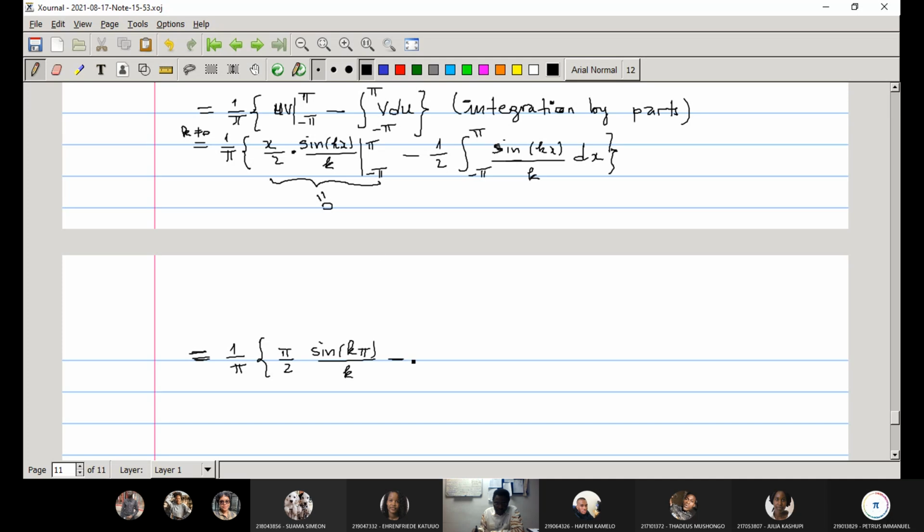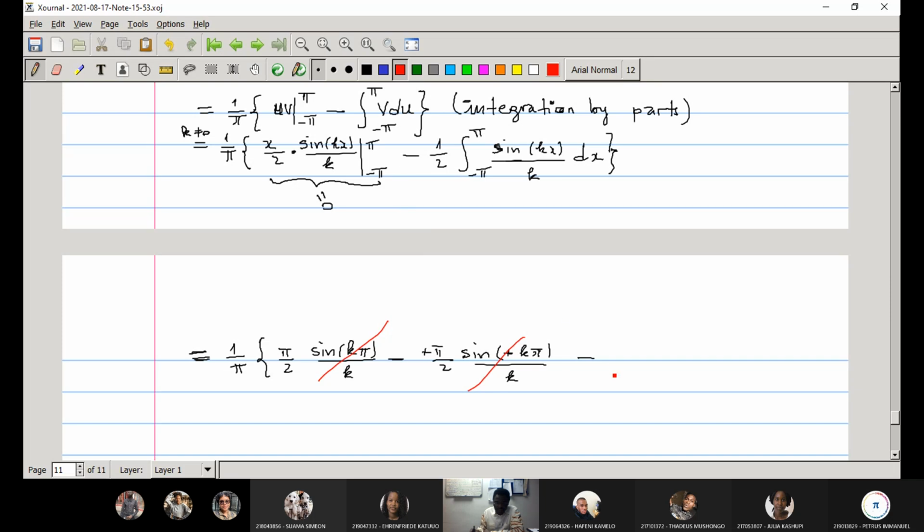Now, when x is negative pi, let me put negative pi by 2, and then sine of negative k pi by k. Now, because sine is an odd function, this negative and this negative will cancel out, then become positive like this. Now you can see that this expression is the same as that one, so they cancel out. Now minus, so that's why I say they cancel out. So this will cancel out with that.